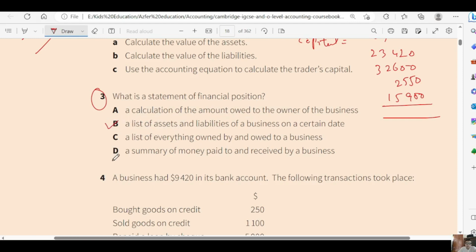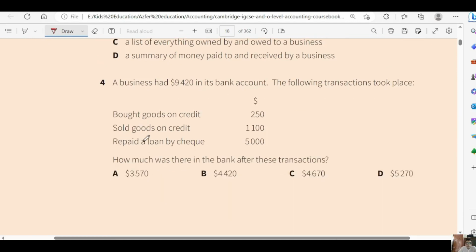A business had $9,420 in the bank account. The following transactions took place: bought goods on credit 250, sold goods on credit 1,100, repaid a loan by check 5,000. Okay, how much was there in the bank after these transactions? So she has 9,400 in the bank.